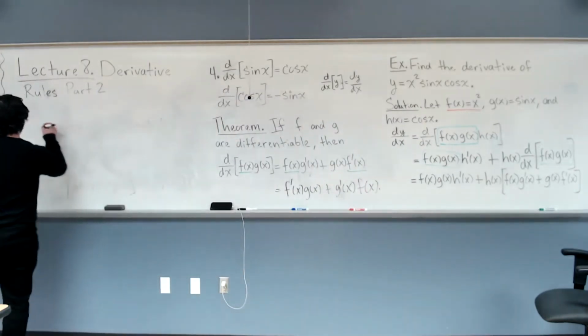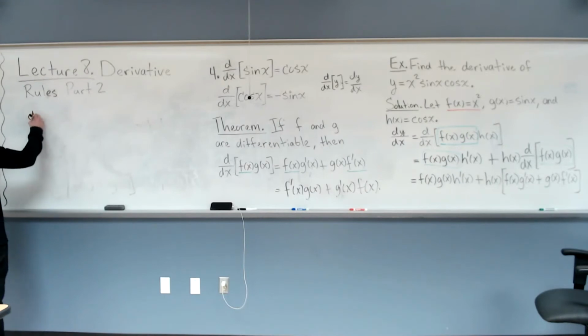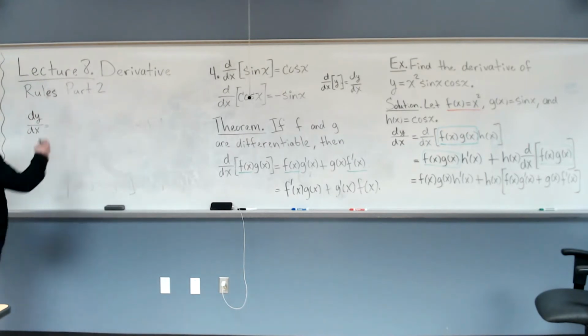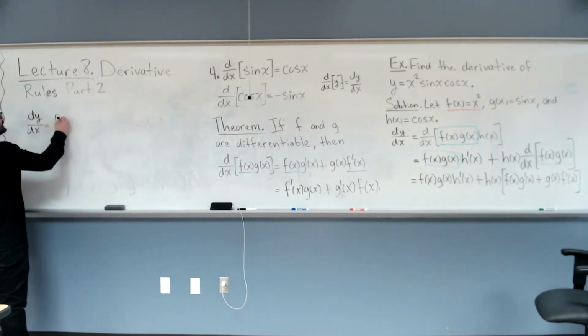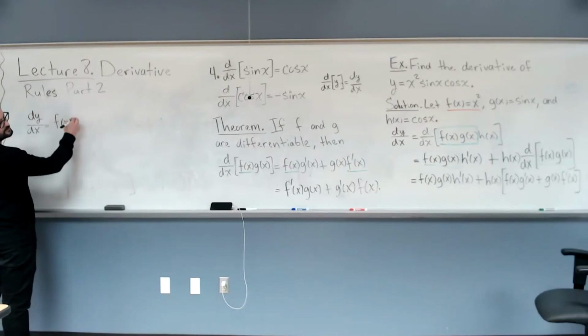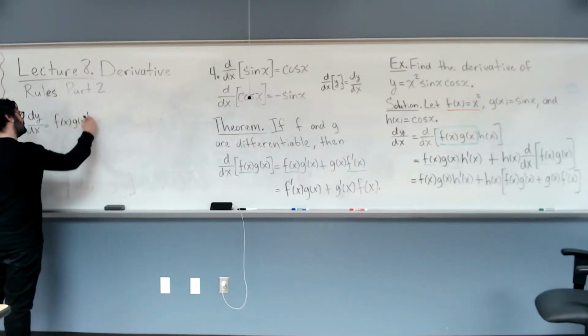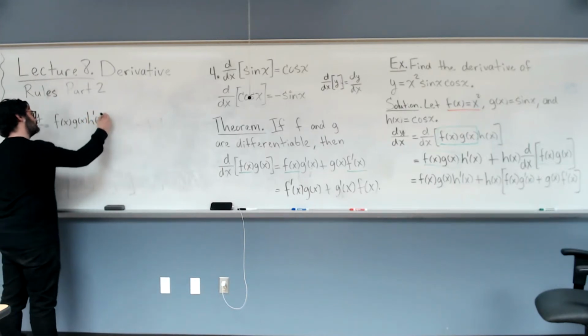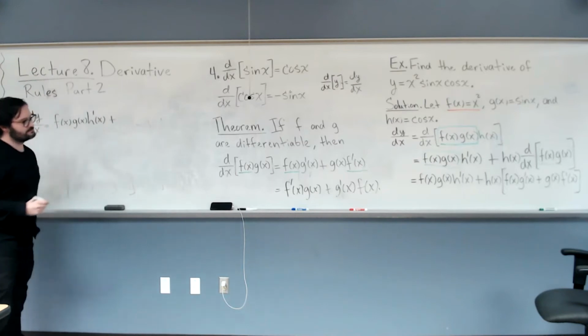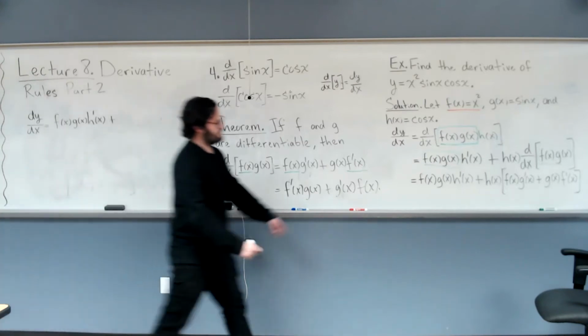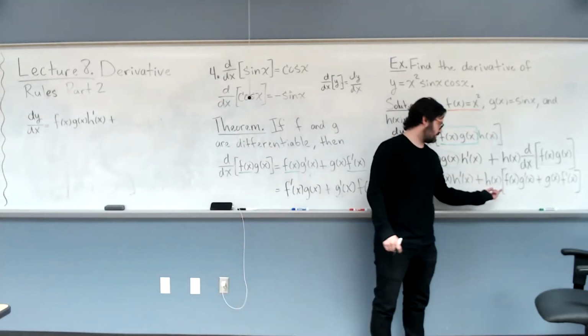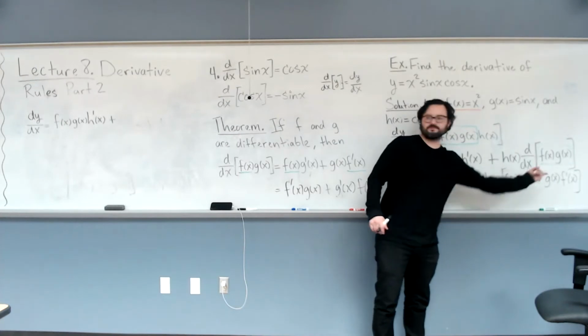So dy dx. Be very careful and write f of x times g of x and h prime of x, plus, by the distributive law, that times that, plus that times the second half.